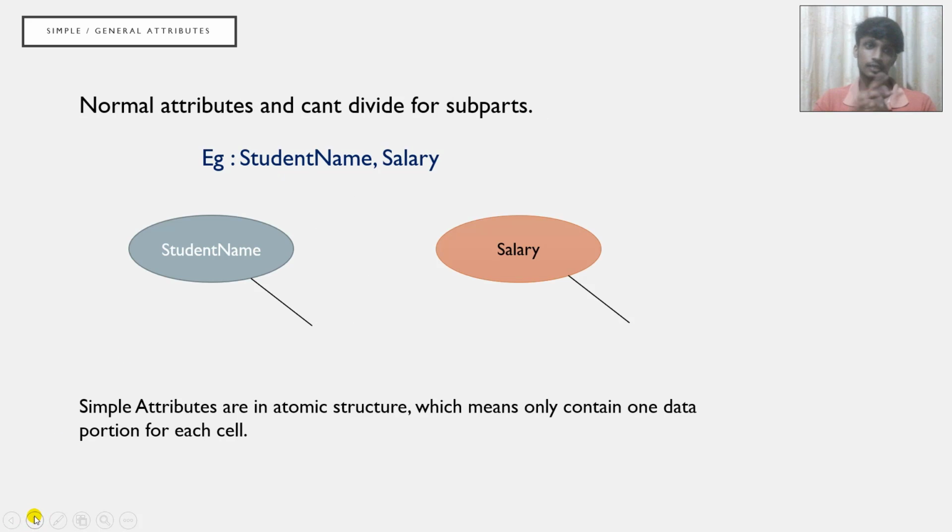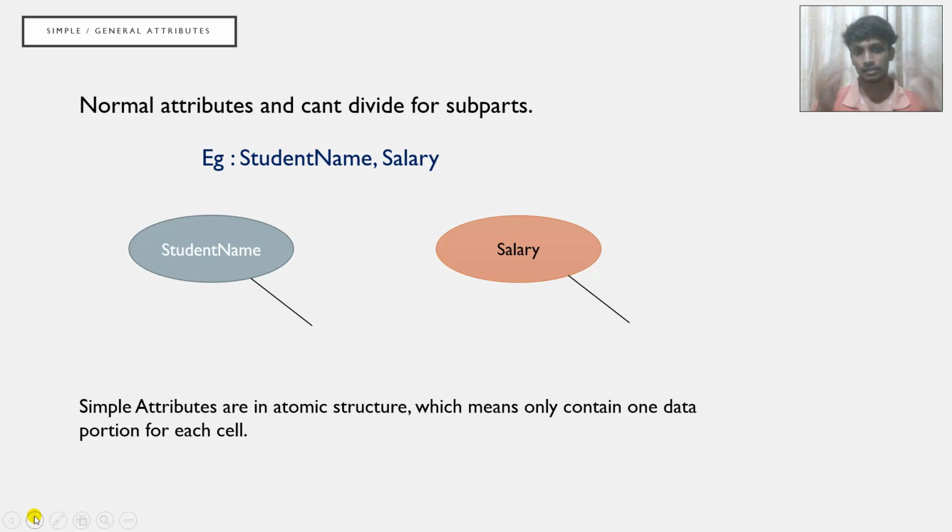Okay, so the first one is the simple or general or normal attribute. A normal attribute can't be divided into subparts. That's why it's known as just an attribute. I have given some examples. The first one is student name, then salary.